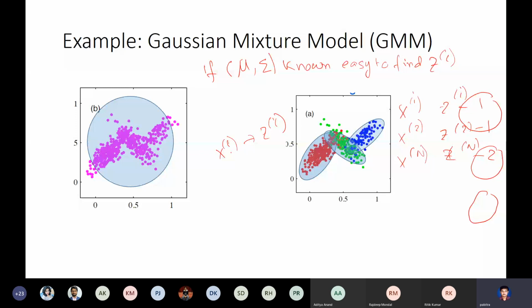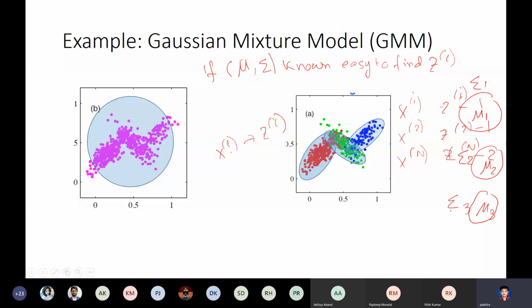Once I have grouped them, I'll take their average and find mu1, average and find mu2, average and find mu3. And I'll take their covariance. Just covariance, x minus mu, that from the matrix you can easily find given a set of points. I find sigma 1, sigma 2, sigma 3.